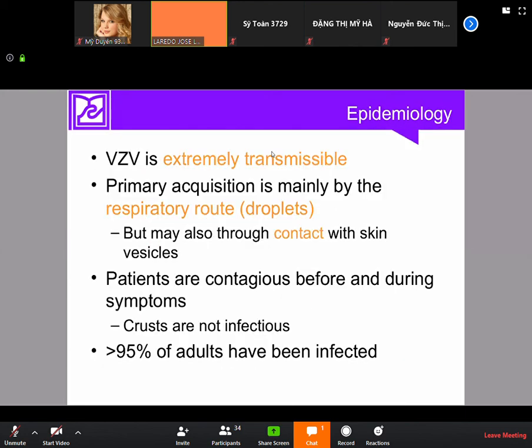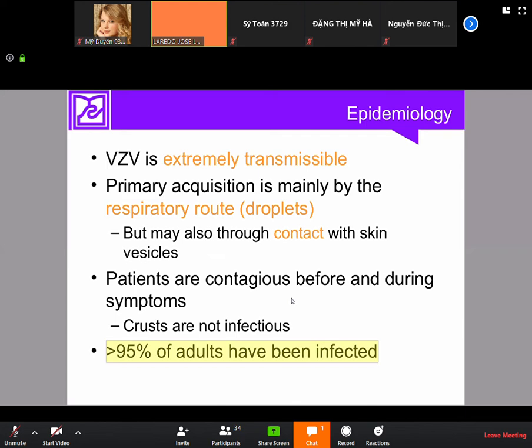So look, for varicella zoster virus, almost all people have become infected. So more than 95% of people have been infected. So for sure you are infected, okay? So for sure, many of you remember when you suffered varicella.